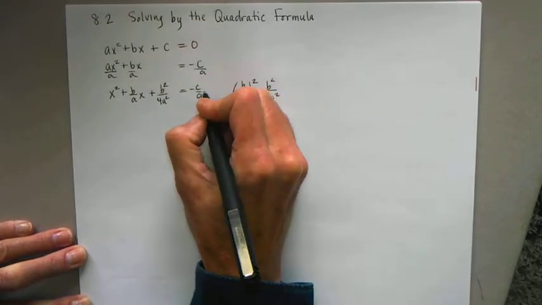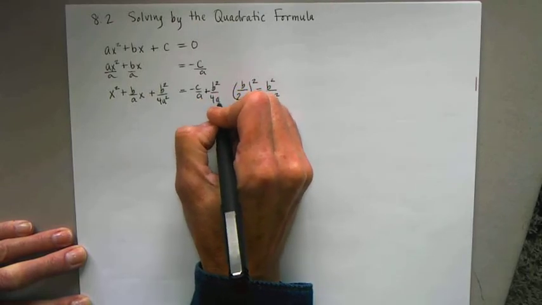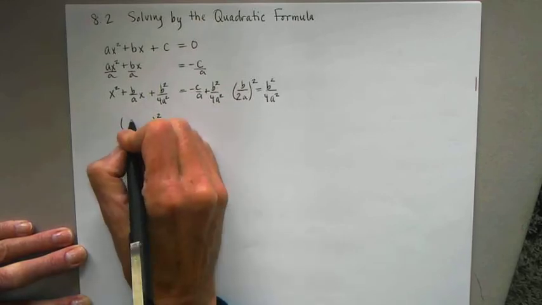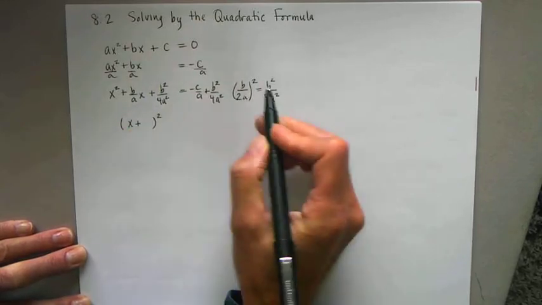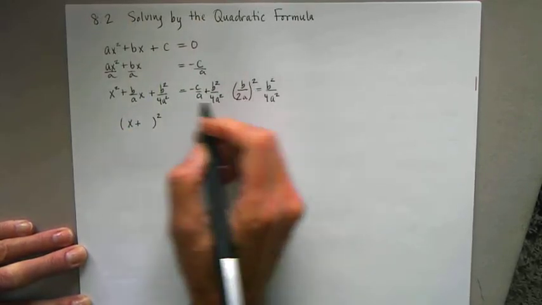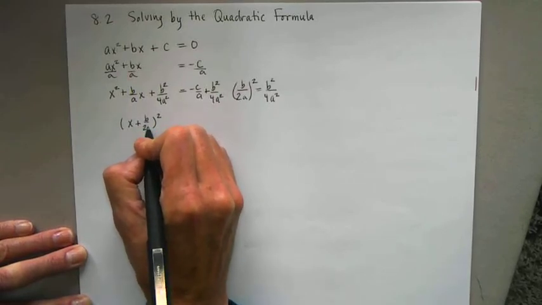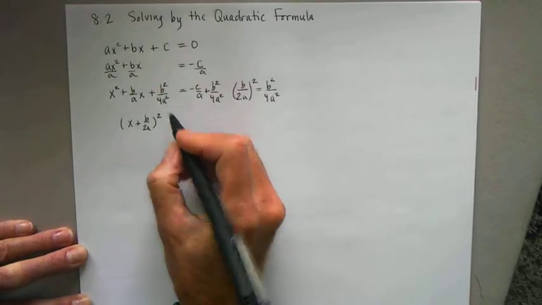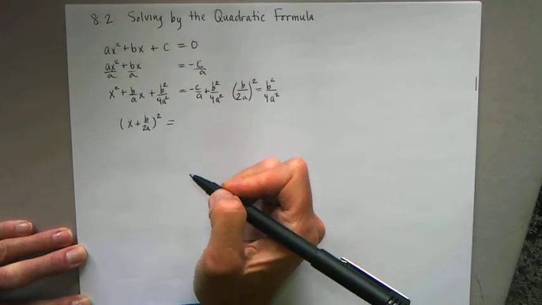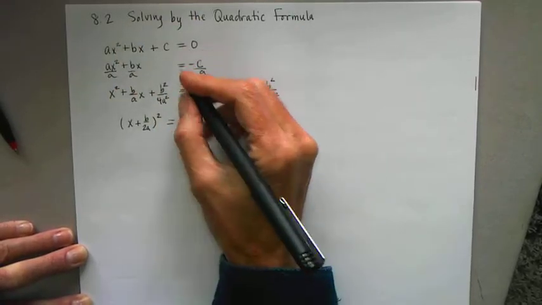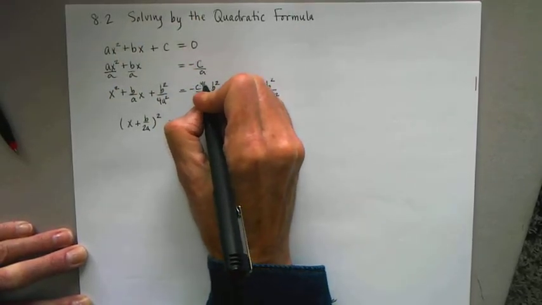We just did this, didn't we? And we now know that this will factor into a perfect square, and it will be the number before we squared it. So it will be b over 2a, won't it? On the right, I have to get a common denominator, so I'm going to times this by 4a and this by 4a.